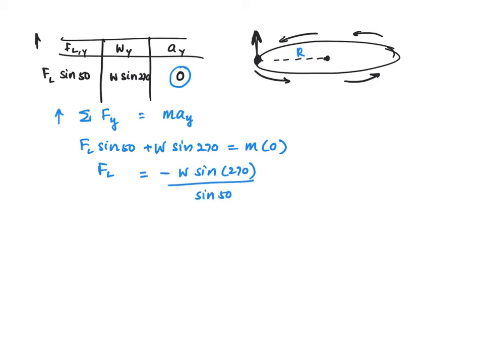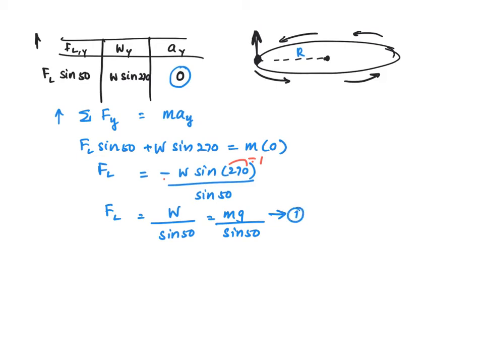Now sine 50 I don't remember off of my head, but sine 270 I know this is a negative 1, and this negative and that negative will give you a positive value. So here you have W over sine 50. Now W is mg. So mg divided by sine 50. So this is our equation number 1.